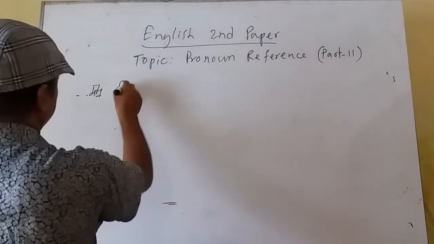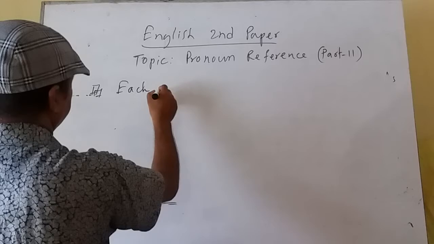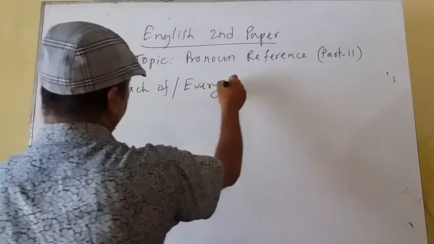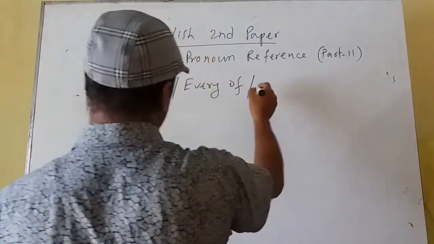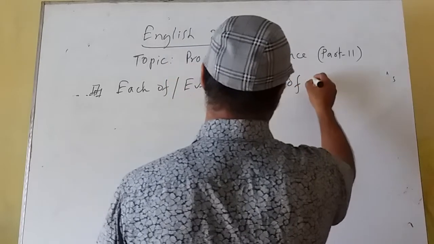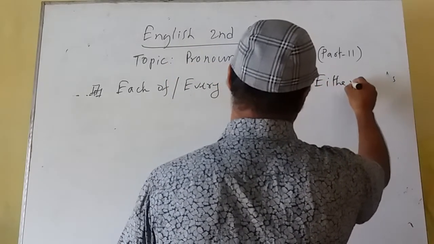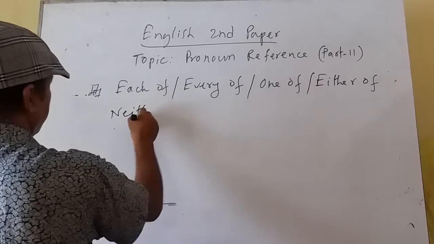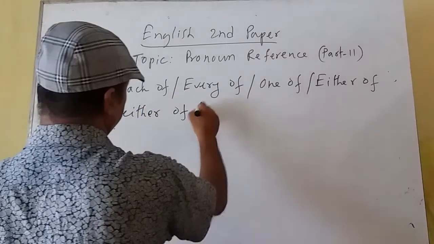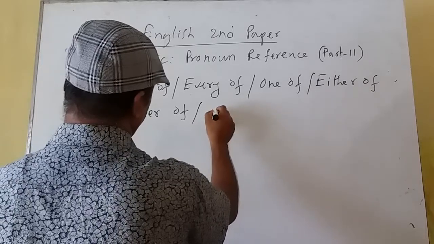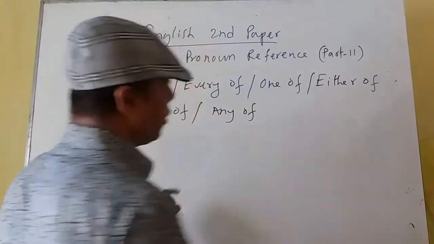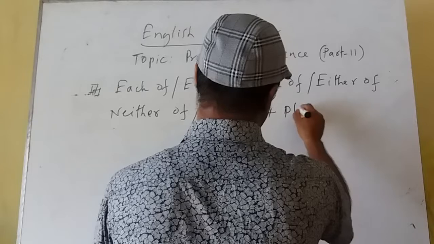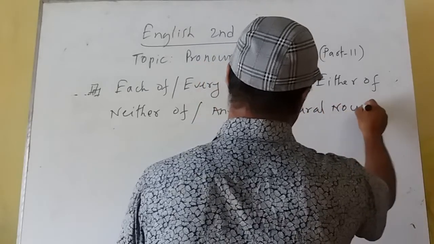Suppose each of, every one of, either of, neither of, any of, plus a plural noun.